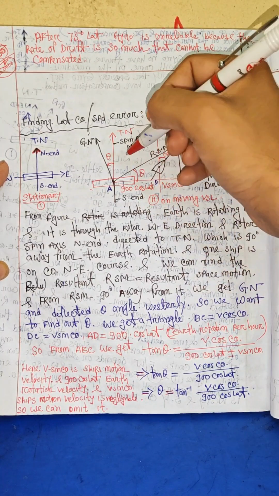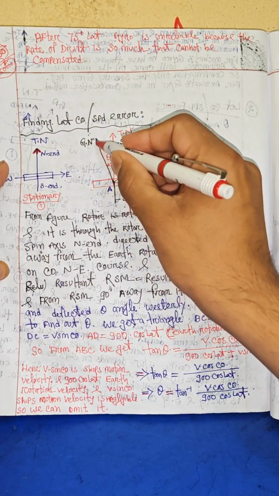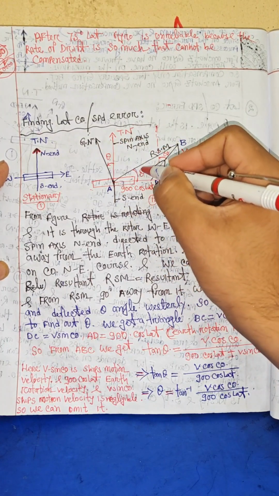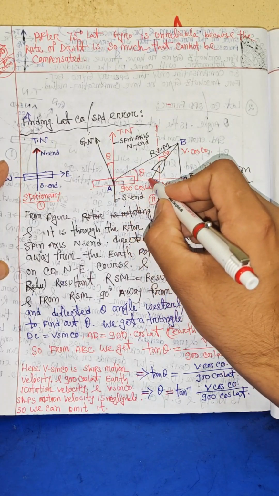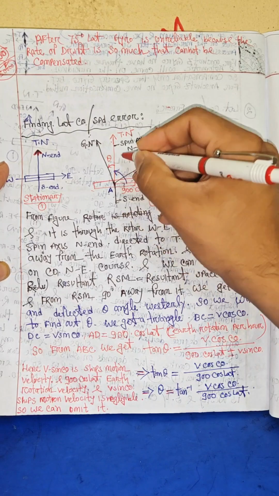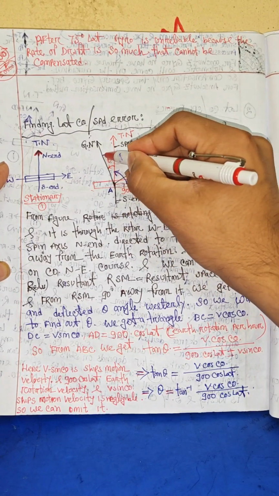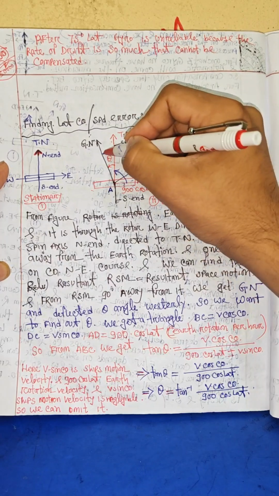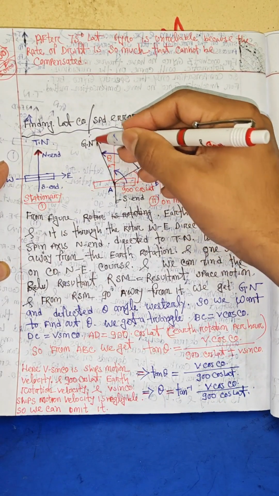Again, 90 degrees away from the RSM is your gyro north, correct? 90 degrees away from the earth rotation is your true north, correct? So from RSM, 90 degrees more away is gyro north.